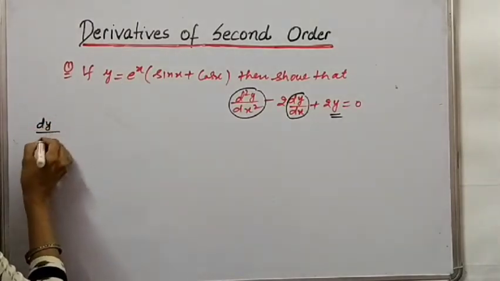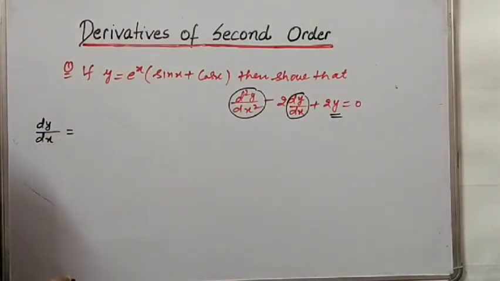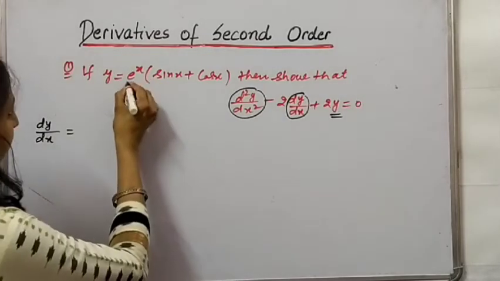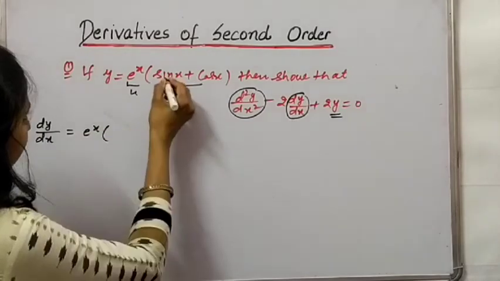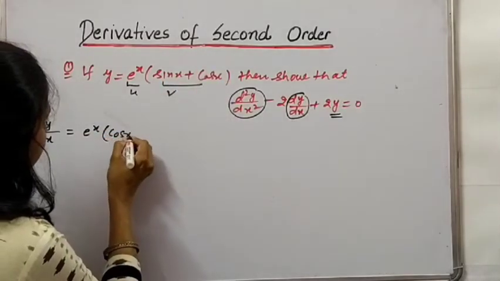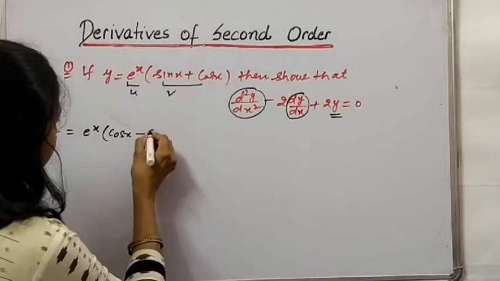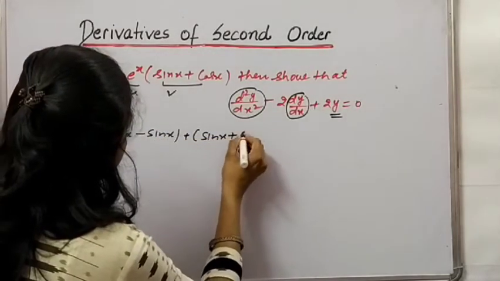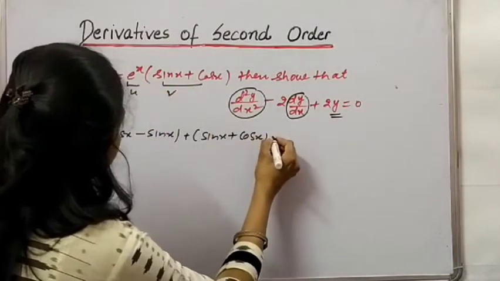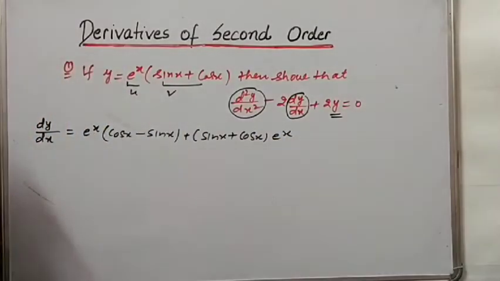So differentiate both sides with respect to x. So dy by dx is equal to, we will apply the product rule, e raised to power x and the derivative of sin x plus cos x, and the derivative of cos x minus sin x, plus v, that is sin x plus cos x, and the derivative of e raised to power x.